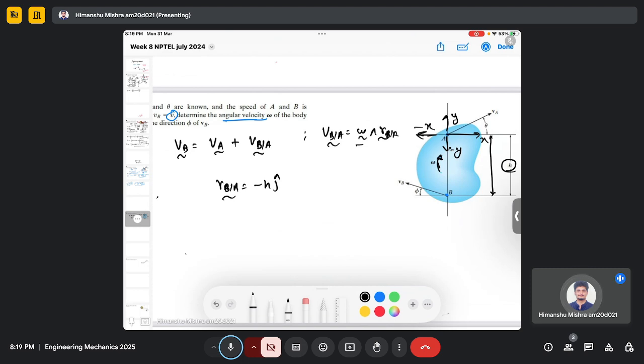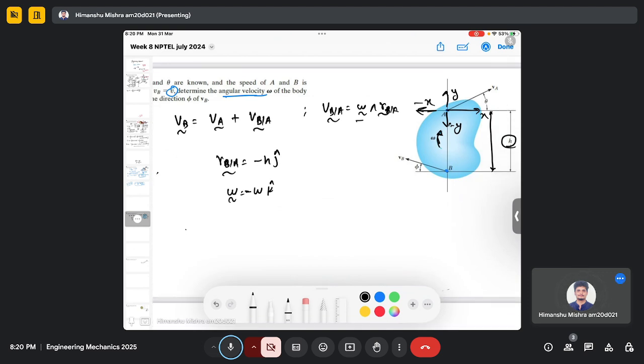So the direction of angular velocity will be outside of the screen. So it will be omega in the z direction. This is clockwise, let me assume clockwise is negative.